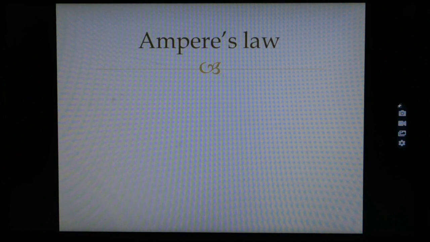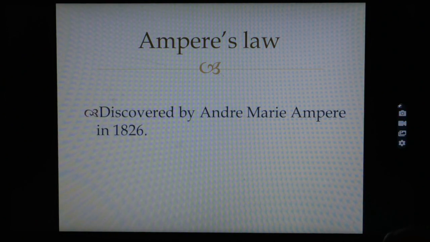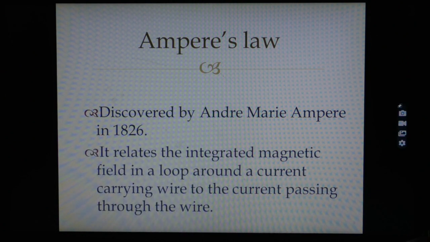Now we come to Ampere's law. In order to understand Ampere's law, let me start with the discovery. It was discovered by a physicist, Andre Marie Ampere, in 1826.